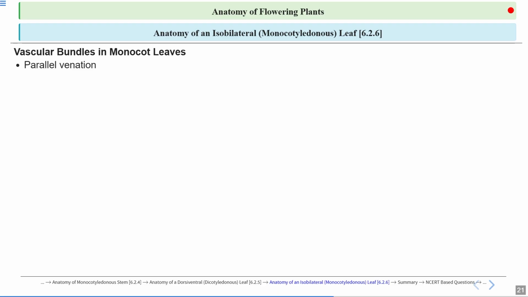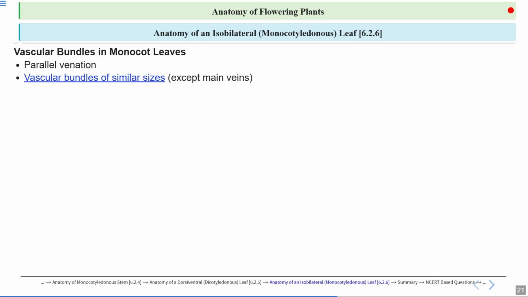Parallel venation. What type of venation do we see in the case of monocot? Parallel venation. Vascular bundles are of similar size except the main vein. The main midrib is the main vein. Water loss is due to exosmosis, which makes the leaf flaccid. Osmosis is there.